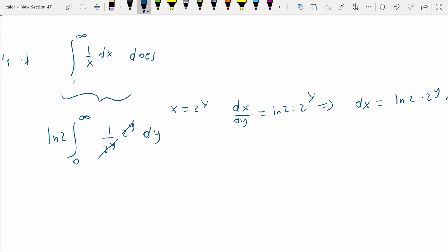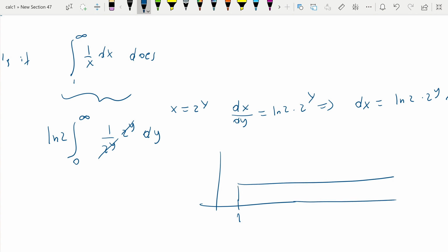Of course, if you integrate 1 from 1 to infinity, then that is certainly not bounded. So this change of variables is actually very useful. In the same way, we can prove that 1 over x squared converges if you integrate it from 1 to infinity.